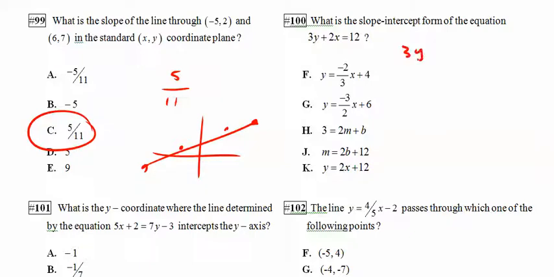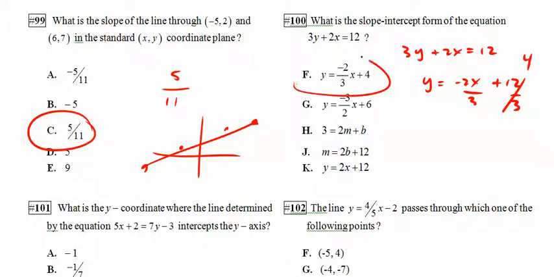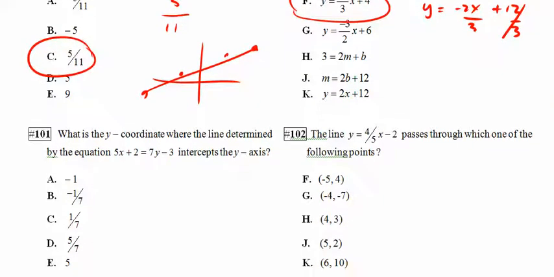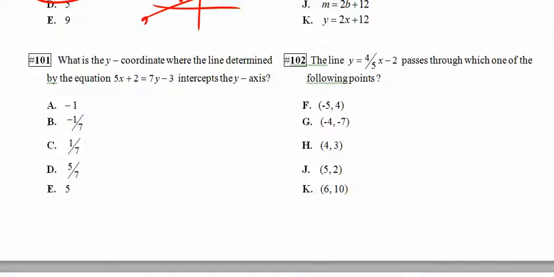These problems are just to put them into slope-intercept form. So y equals -2x plus 12 over 3. That's 4. Done. Where's the y coordinate? Where the line intercepts the y-axis. In other words, what's the b value?